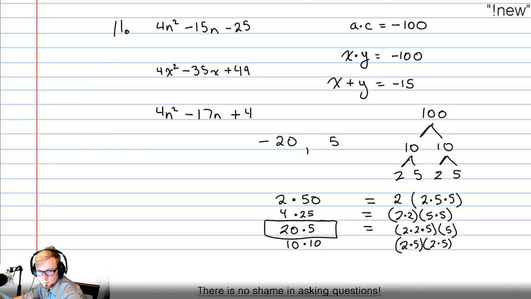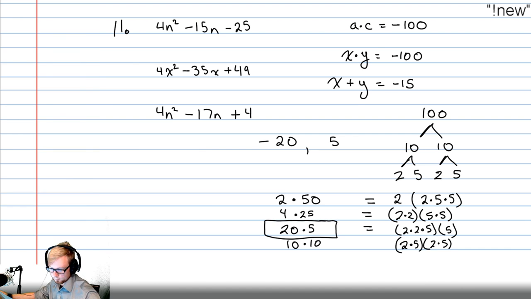Alrighty. Gotcha. So we would have 4n squared minus 20n plus 5n minus 25, and then begin to factor. 4n, minus 5.